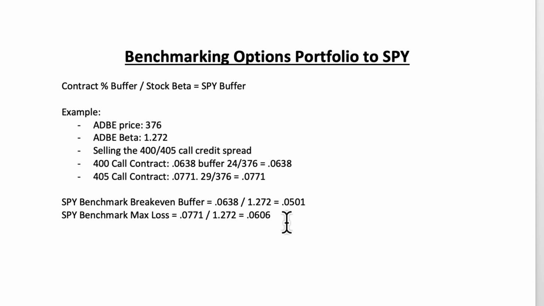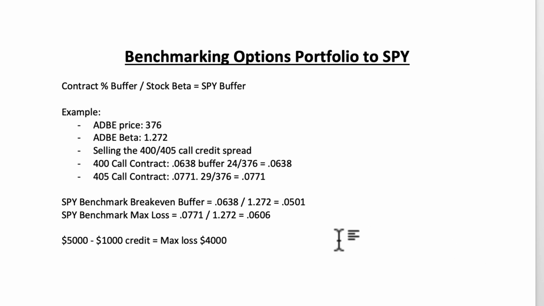And you want to do this for every single position in your portfolio. It's a little tedious, but what this is basically going to do is allow you to calculate where to hedge your portfolio using SPY. Because of the way we structure our portfolio, this is basically going to be the case for almost every position on those call credit spreads, and similarly on the downside on those put credit spreads. So the final step is saying for that particular position for Adobe, we know our max loss is $4,000.